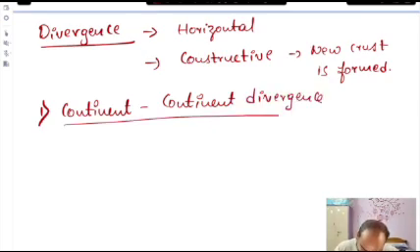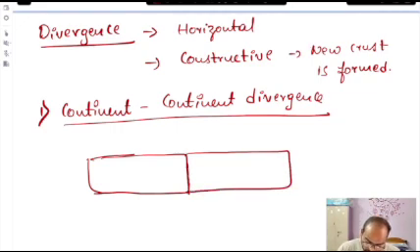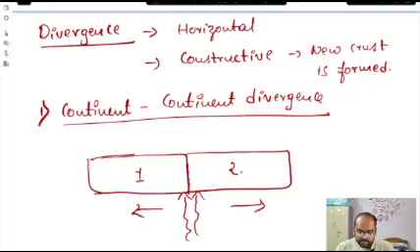Okay, this is one continental plate. This is another continental plate. They diverge from each other. Why? The magma rises, hits it, and it diverges. Due to this divergence, the continental plates also move away from each other.